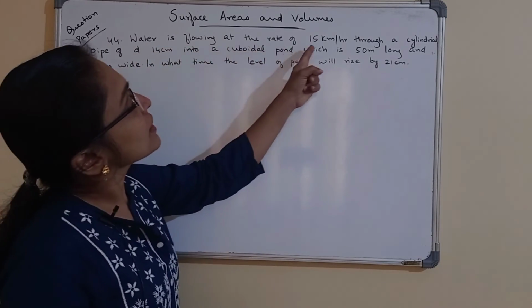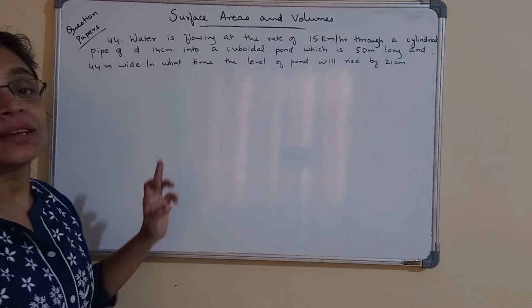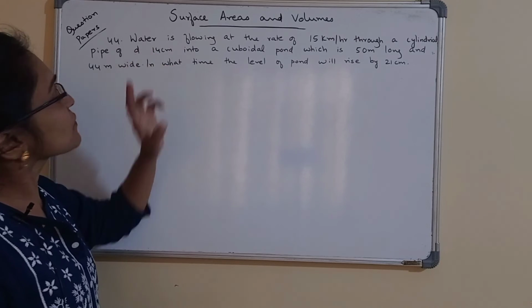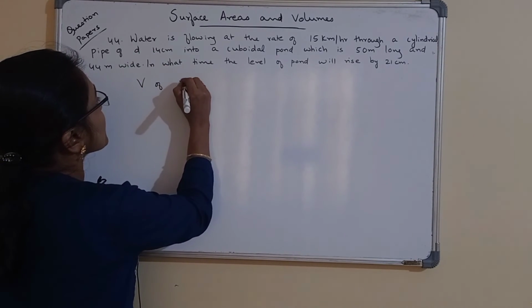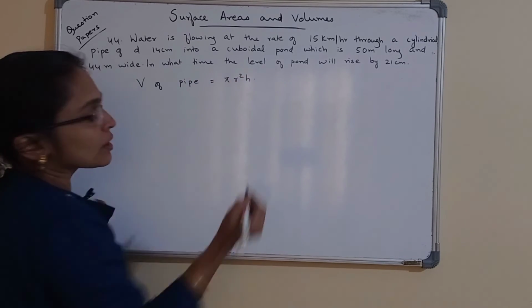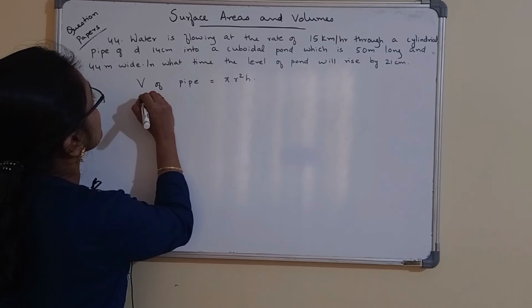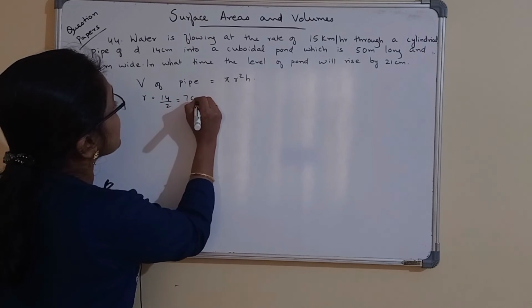Water is flowing at the rate of 15 km per hour through a cylindrical pipe, and the diameter of the cylindrical pipe is 14 cm. So, volume of pipe is equal to pi r square h, where r is equal to 14 by 2, which is 7 centimeter.